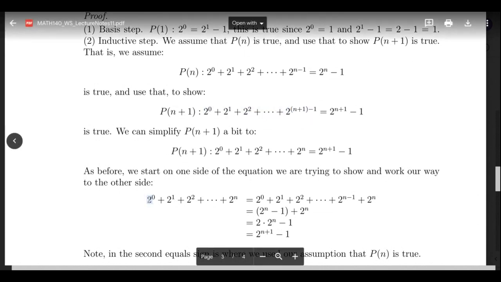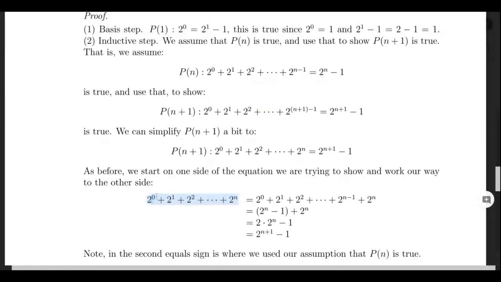Well, 2 raised to n plus 1 minus 1 is just 2 raised to n. So let's add up 2 to the 0 plus 2 to the 1 plus 2 squared plus ... plus 2 raised to n minus 1 plus 2 raised to n. The term before 2 raised to n is 2 raised to n minus 1.